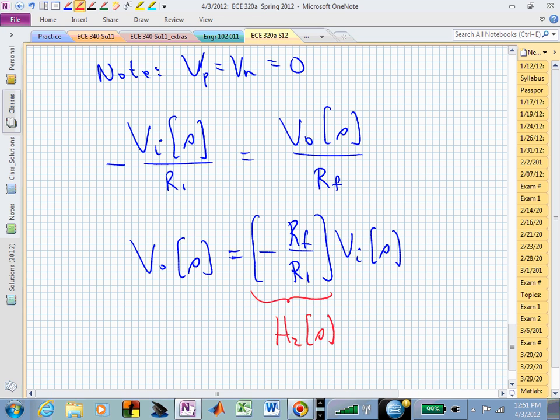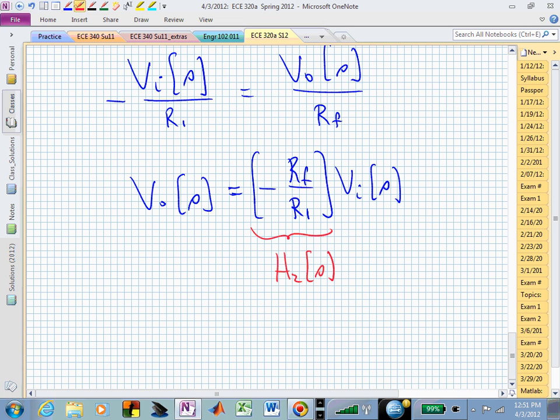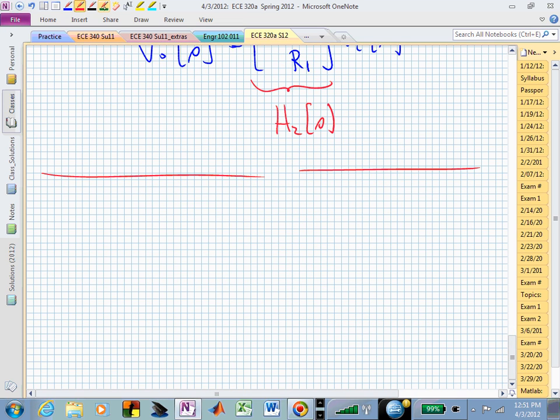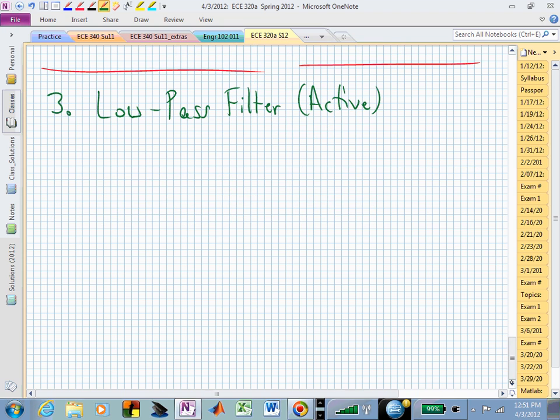Now, that one's not a very interesting circuit necessarily, so let's look at one that's maybe a little bit more interesting. And I think this is then circuit 3. Let's look at a low-pass filter that is active.